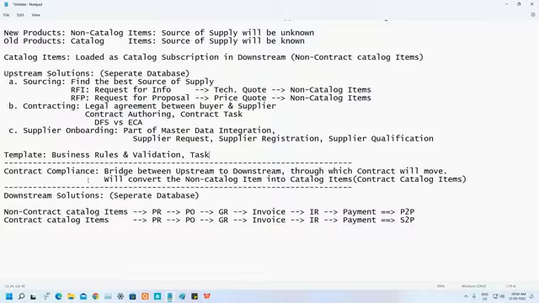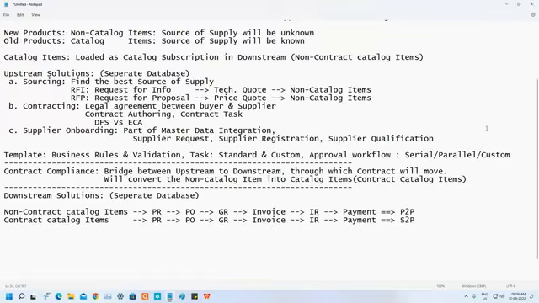Similarly, we can configure tasks. It can be standard as well as custom. We can configure approval workflow, serial, parallel, or custom. Okay, so keep this thing in your mind.